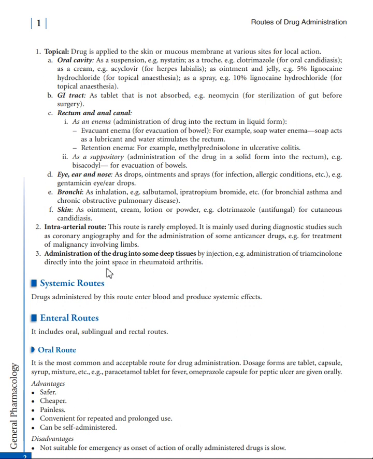Now this comes under topical, but this is given as a parenteral route, that is, you use injections. An example is administration of triamcinolone directly into the joint space in rheumatoid arthritis.